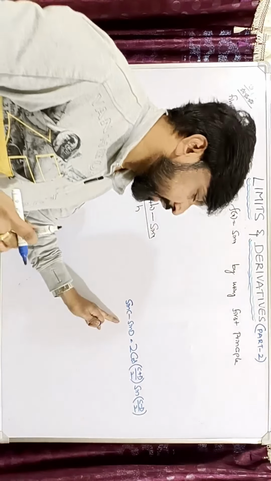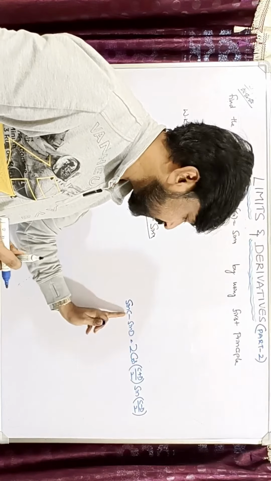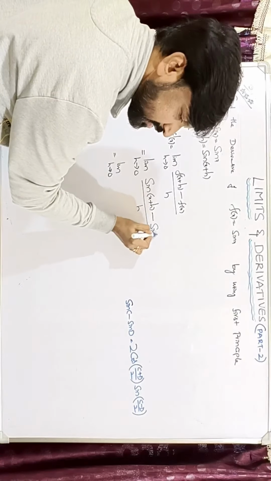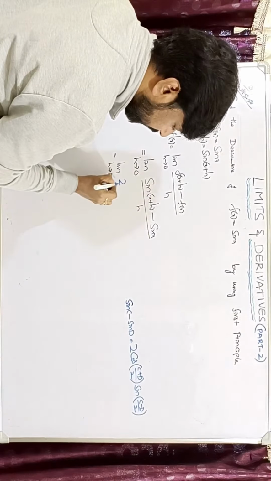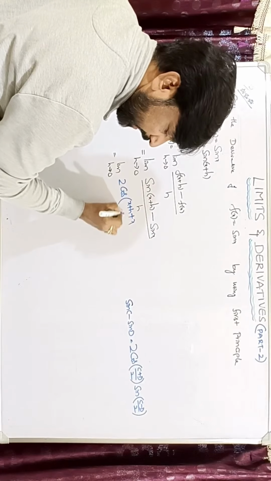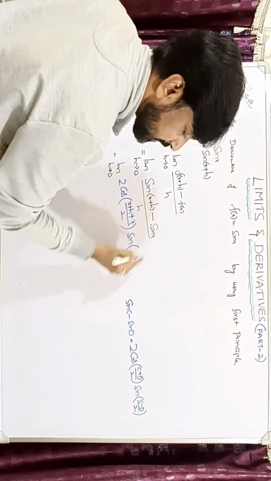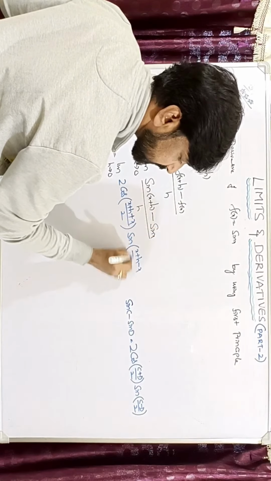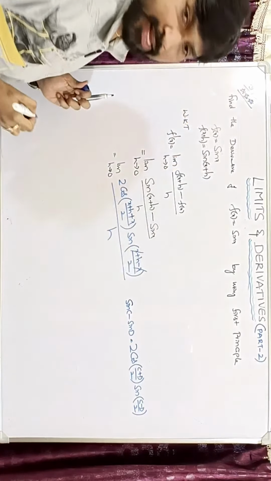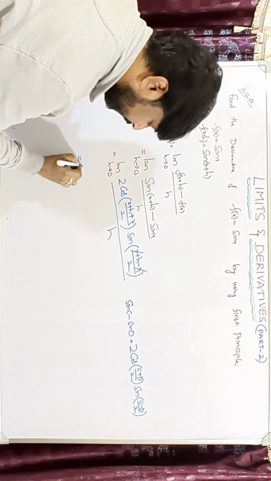Now if you apply the formula where c is x plus h and d is just x, then you get 2 cos of x plus h plus x whole by 2 into sin of x plus h minus x by 2, whole by h. Here x minus x gets cancelled. So now the constant 2 is there, you can take it outside.